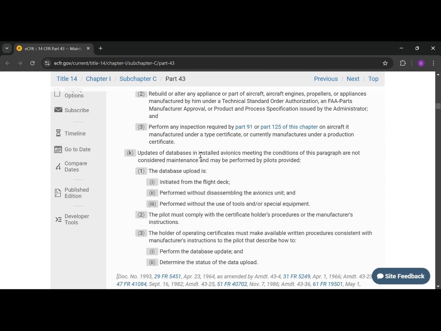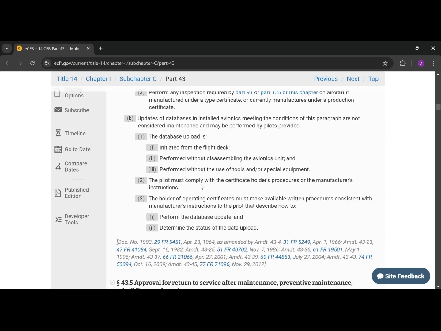Updates of databases in installed avionics meeting the conditions of this paragraph are not considered maintenance and may be performed by pilots, provided the database upload is initiated from the flight deck, performed without disassembling the avionics unit, and performed without the use of tools and or special equipment.